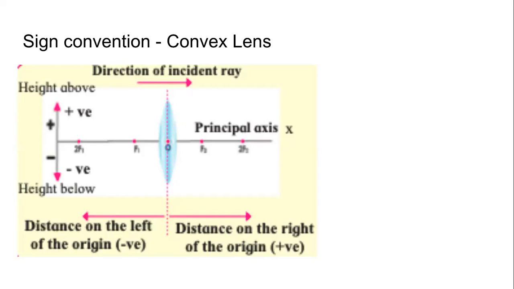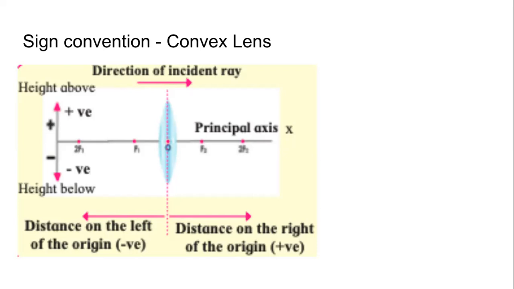So whenever we are measuring with respect to a lens, we will imagine a coordinate system, an x-axis and a y-axis. And we will imagine that the x-axis and y-axis are passing through the optical center. That is, the optical center is the origin.